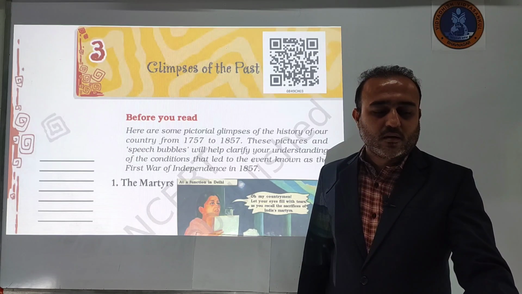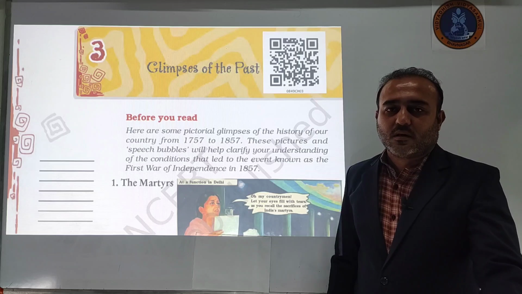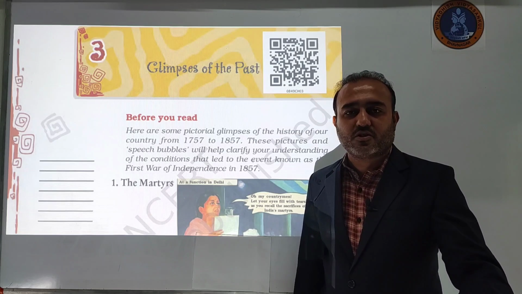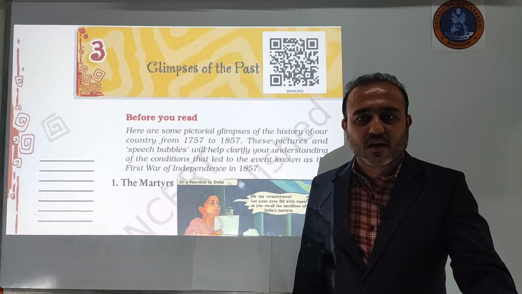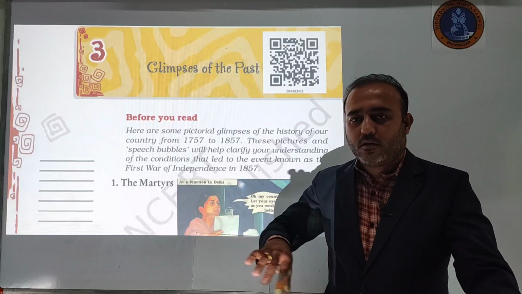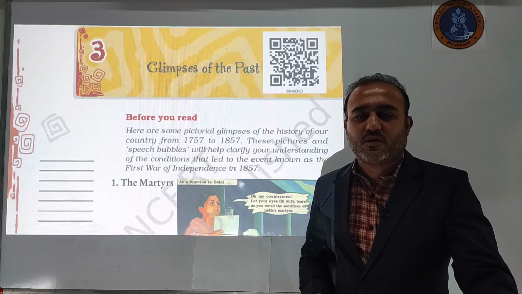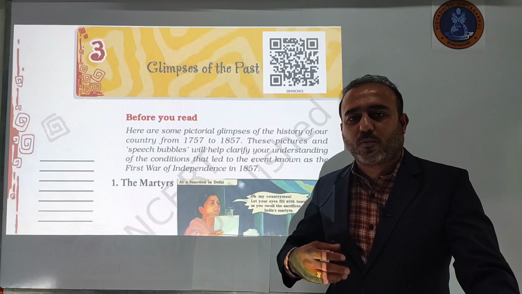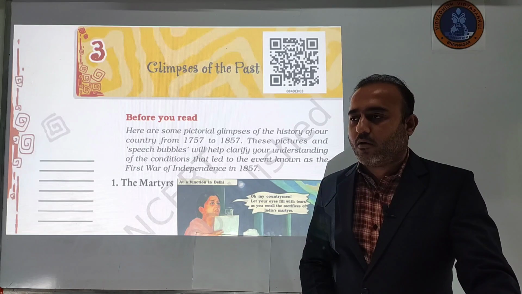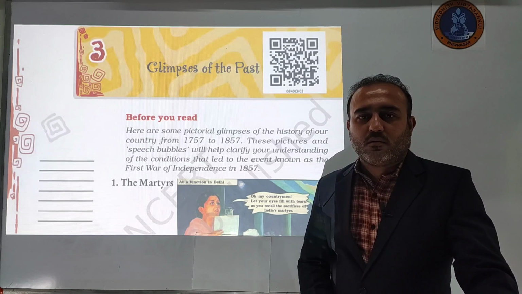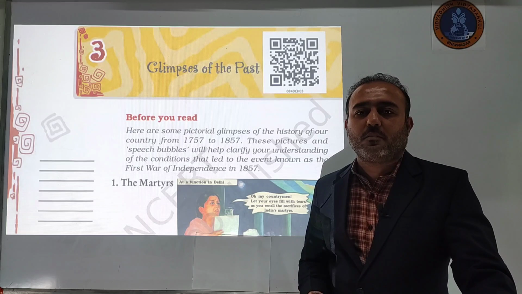It also gives us a glimpse of how the British East India Company took control over India, how they looted the farmers and the landlords, how they exploited these people, and also how they performed massacre.